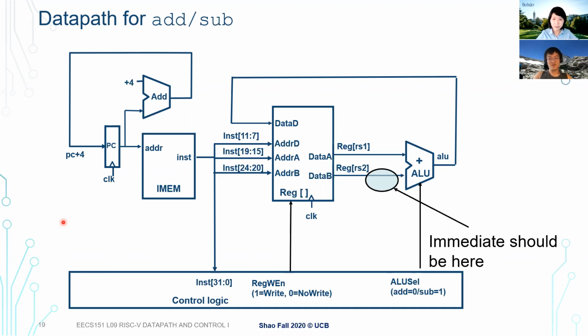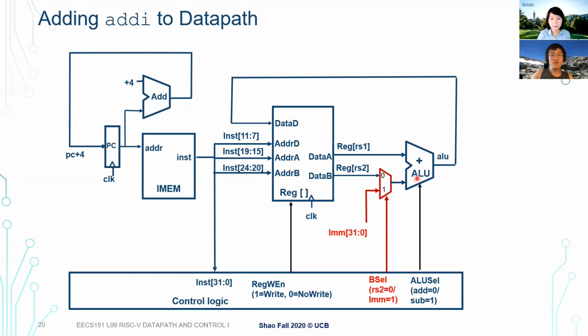So in this case, if we look at the data path, what we need to update is basically the second operand to our ALU. Instead of always coming from the register file, it should also support coming from the instruction directly to our ALU.